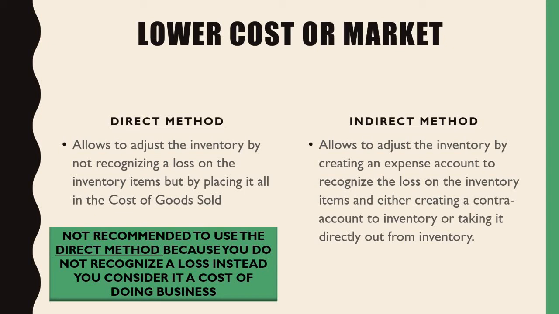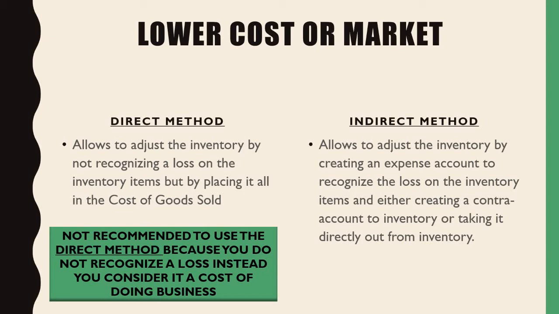Straightforwardly, the direct method allows you to adjust inventory without recognizing the loss on the inventory right away. Instead, we assume it was lost due to the cost of goods sold.